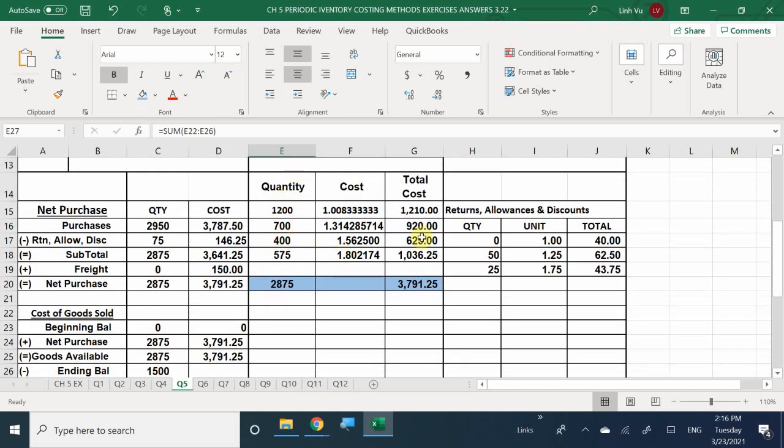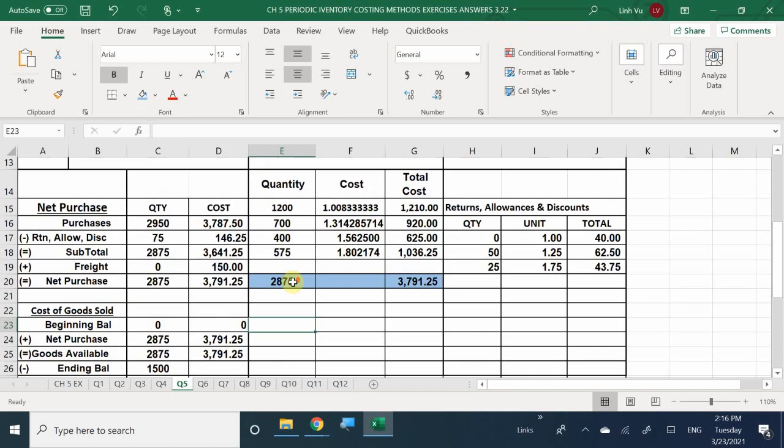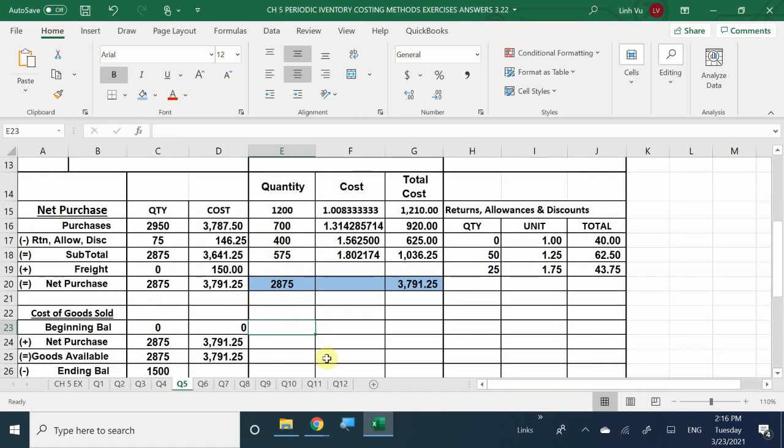This little middle section right here, because I placed it in order of the exact order that we purchased it in. So from looking here, what are we going to get rid of first? 575. We're going to get rid of 575 because that's the last batch that we have. Are we taking all of it or some of it? All of it. We're taking all of it.